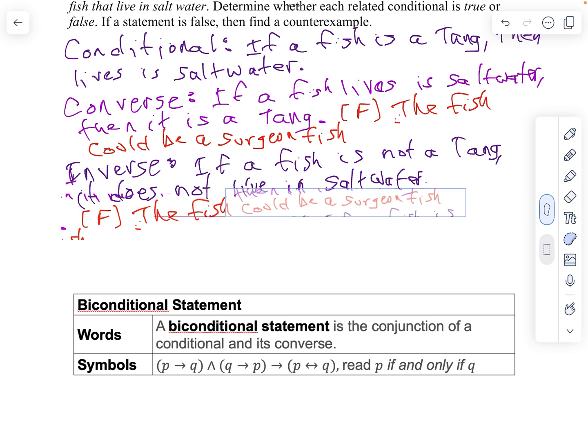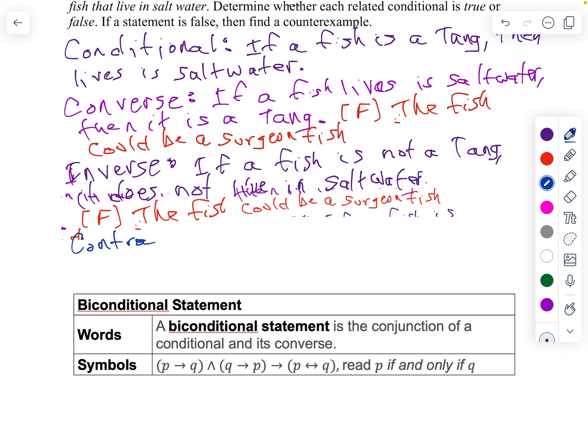Little overlap there, but you get the idea. Finally, let's do the contrapositive. Now I'm going to do the converse of the inverse. So I'm going to flip them and make an opposite.